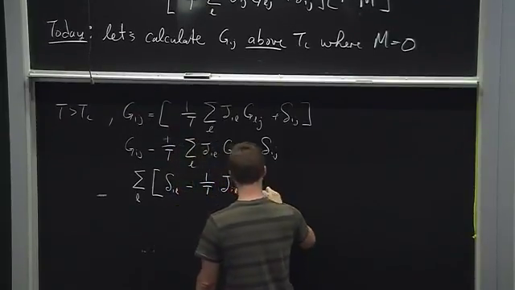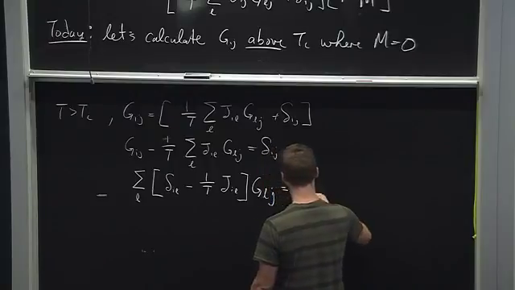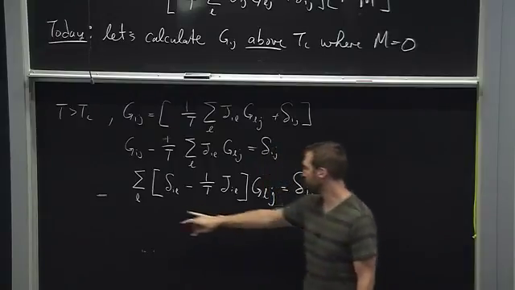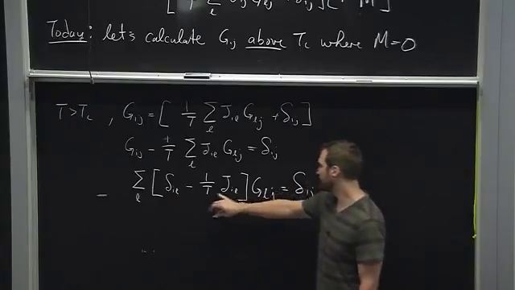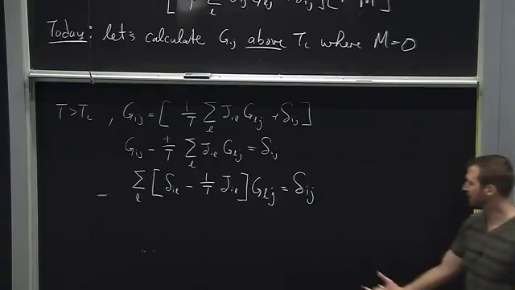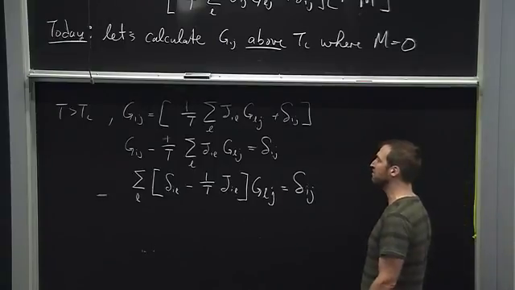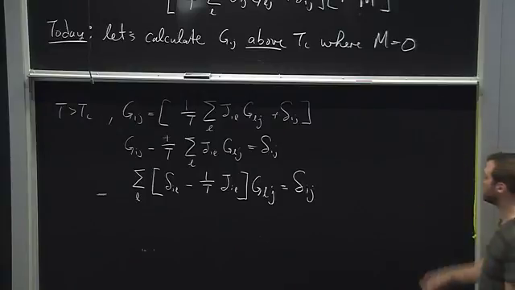And then this one is L j. Okay, so I've summed over my L, so the only indices that should be left are i's and j's. Okay, so I've just factored out that two-point function there. So this is the equation we have to solve, in this case when the magnetization is 0.